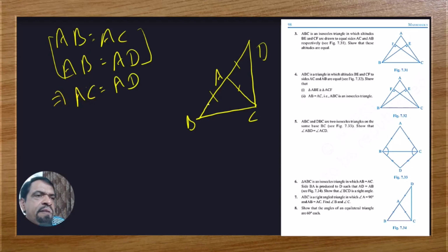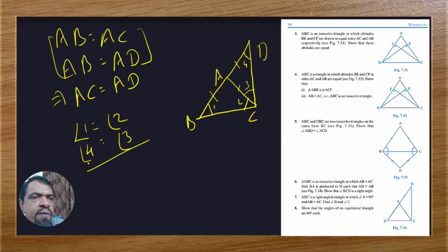So it means these two angles are equal. This 1 equal to 2 by the isosceles property and this 3 equal to 4. Now listen here students. 1 equal to 2 and this we'll write in reverse, 4 equal to 3.